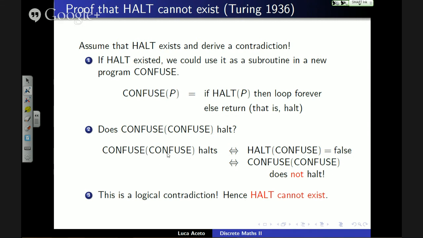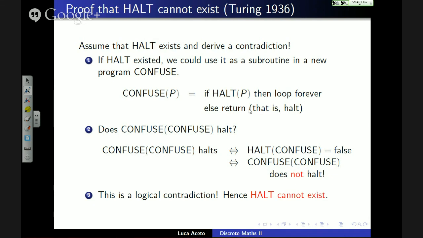Because what is it that confuse can do on input confuse? If you're confused, it's not a problem. Look at it at home, because that's why this thing is called confuse anyway. So what does confuse on input confuse do? Well, if we look at the source code, there are two possible outputs here. It either loops forever or it returns.